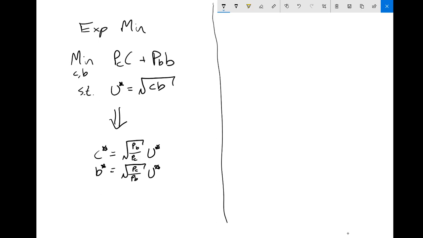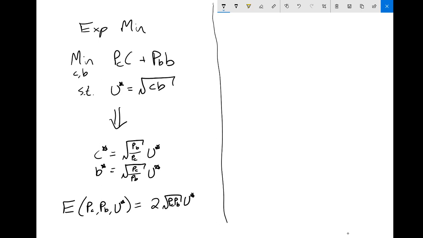We plugged that back in, and then we found the optimal expenditure function to be 2 times the square root of PC PB times U star. We found that.